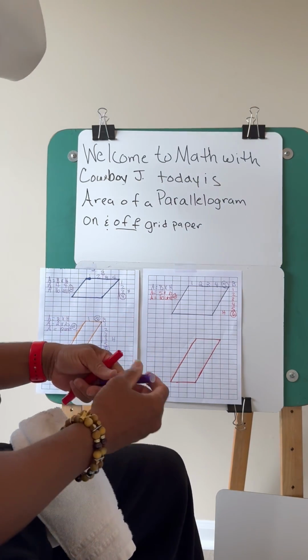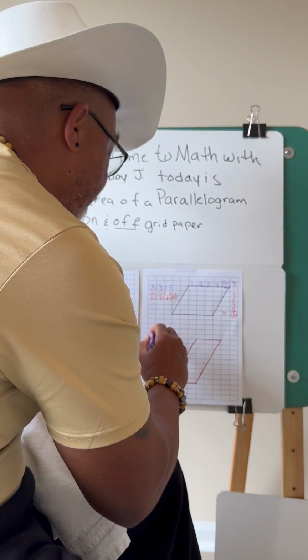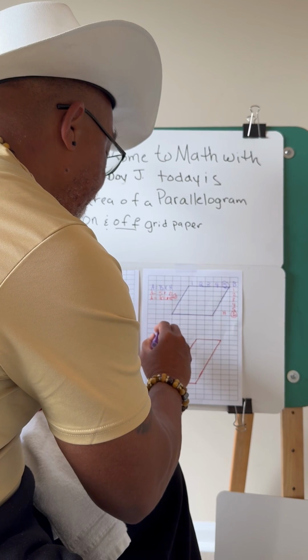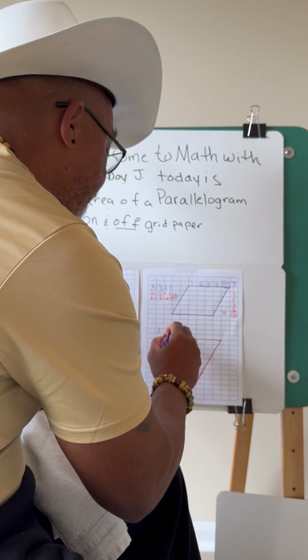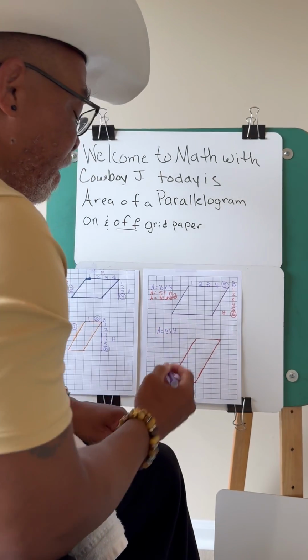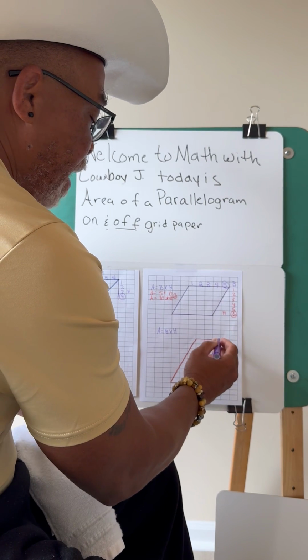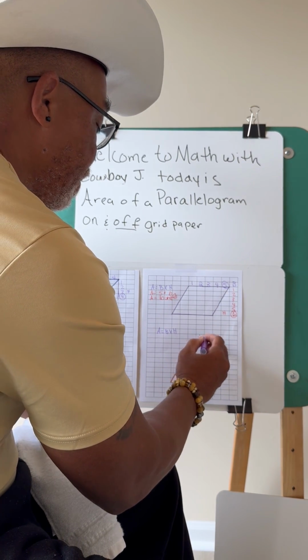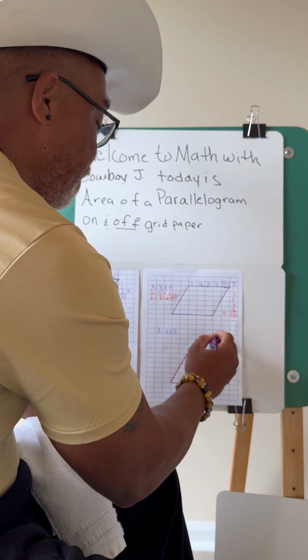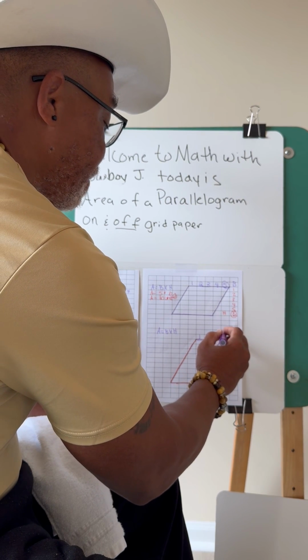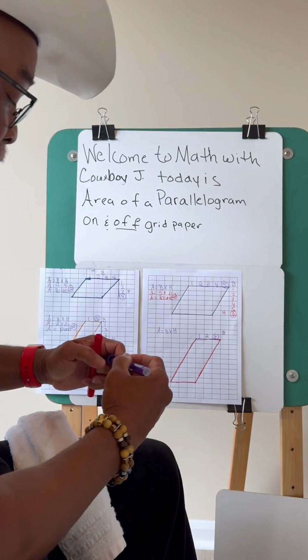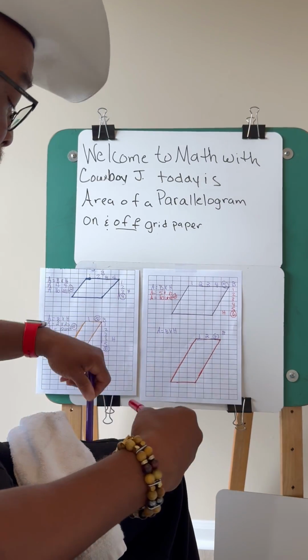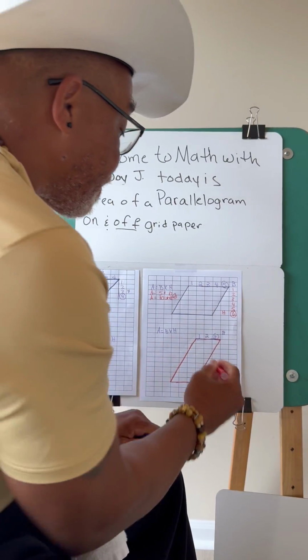And our last one, again, area equals base times height. Again, we're going to use our line across the grid. I'm just going to count 1, 2, 3. So that's our base. And we're going to count going down from one side to the other.